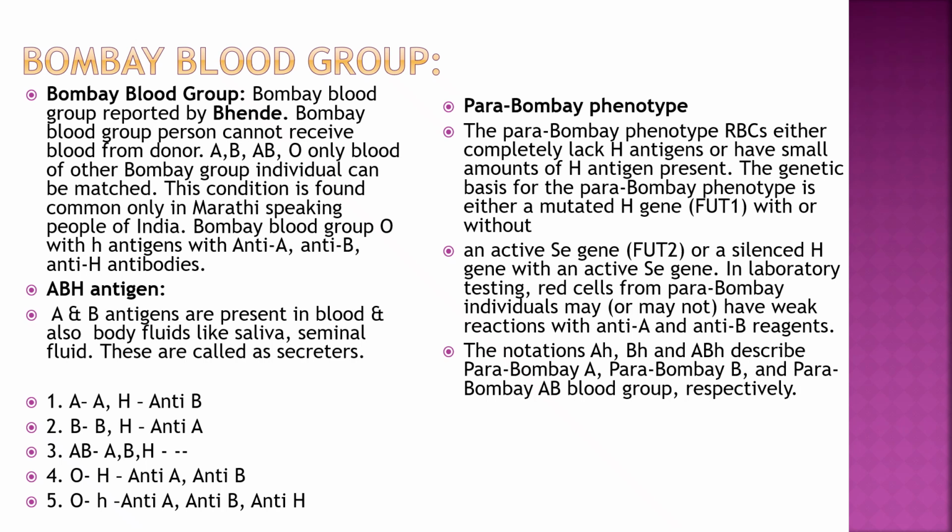In OH, that is Bombay blood group, anti-A, anti-B and anti-H antibodies are seen because H antigen is not there. So when O group is given to a patient who is Bombay blood group, this anti-H antibody will react with the H antigen present in the patient's blood and there will be lysis of the blood. So the Bombay blood group patient should get a Bombay blood group donor.